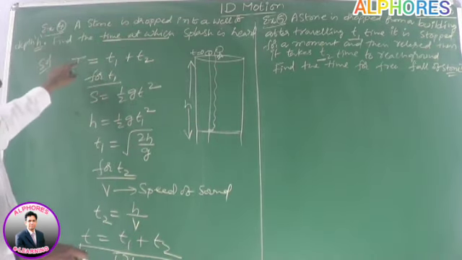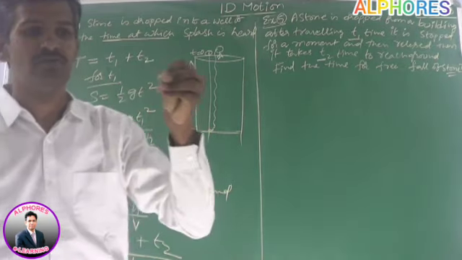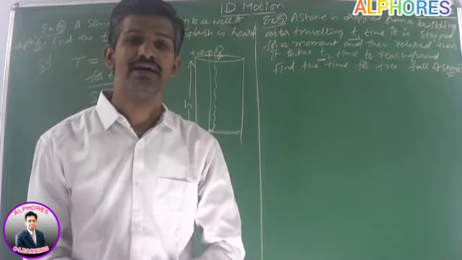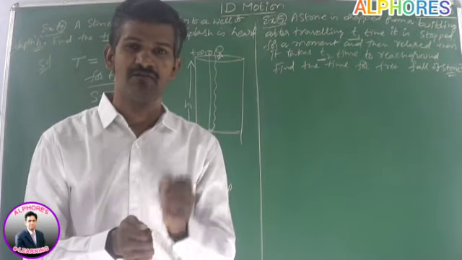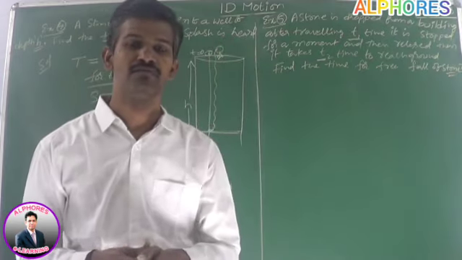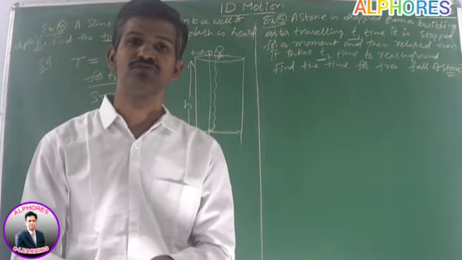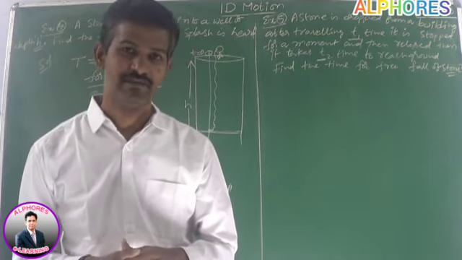Once again I am repeating. Time taken is divided into two parts. First part is the time taken by the stone to reach the bottom of the well. Second part is the time taken by the produced sound to reach the top of the well.